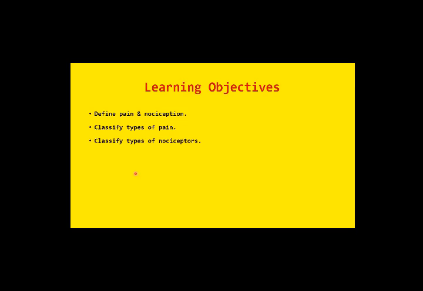This will be followed by nociceptors. What are nociceptors? What are different types of nociceptors and how do they act? And then we will differentiate between two types of pain pathways, the neospinothalamic pathway and paleospinothalamic pathway.